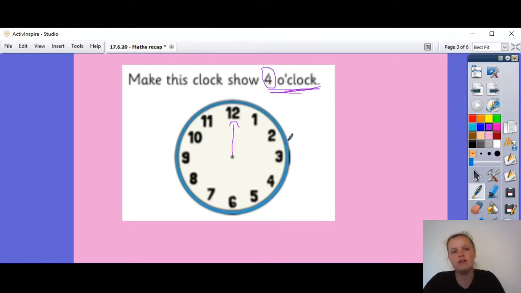So where do you think the little hand needs to point to? It needs to point to the 4. So the little hand needs to point down here to this 4. Okay? So the little hand points to the time it says, so the number it says. So it says 4, so the little hand points to the 4. And if it's an o'clock, the big hand is always pointing at the 12.